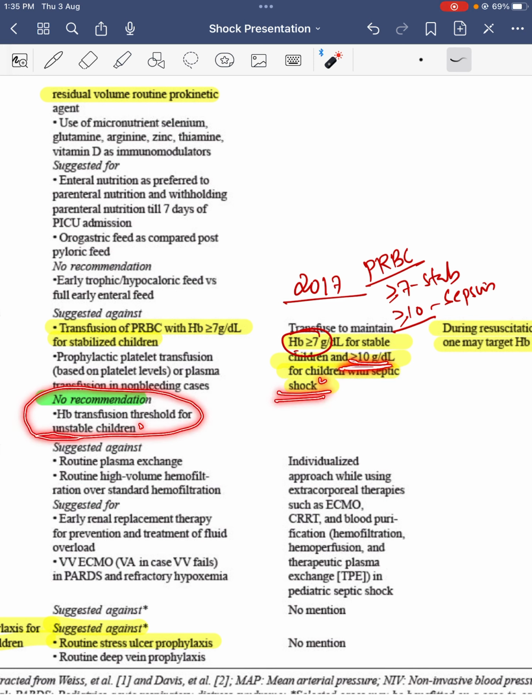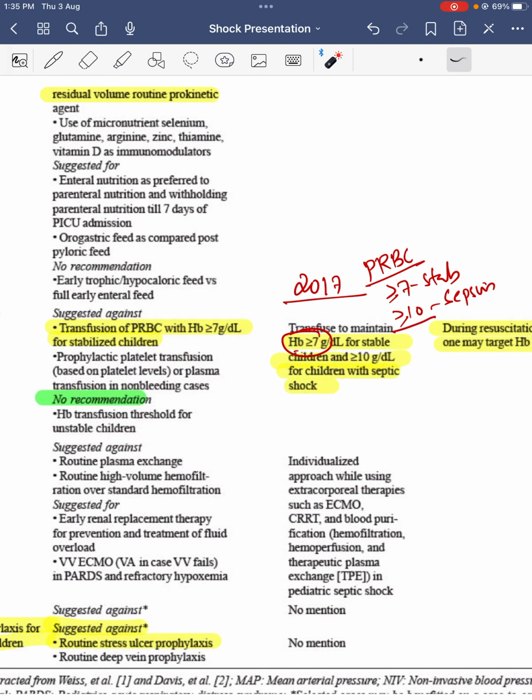In these studies, they have not found any particular value for a sick child. So whatever the scenario, it should not be less than 7. Whenever you find a child in shock and it's reaching 7, give PRBC.